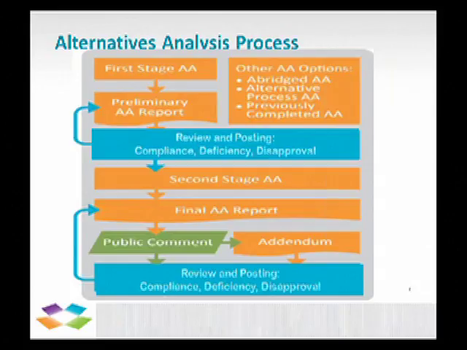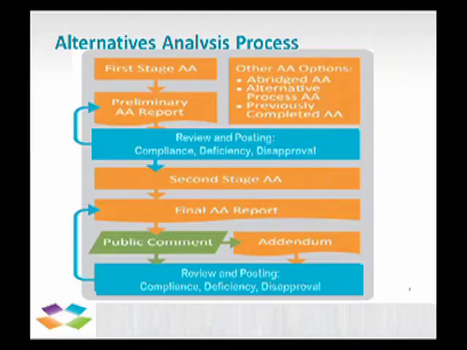Just a comment on this process flowchart. You may notice that there's a public comment after the final AA report. This is not the typical public comment process similar to regulatory public comment, but the final report will be posted on our website, and we will be soliciting public comments, and DTSC will be reviewing these comments and sending those relevant comments to the responsible entities if we feel that those are relevant to alter the conclusion made on the report.